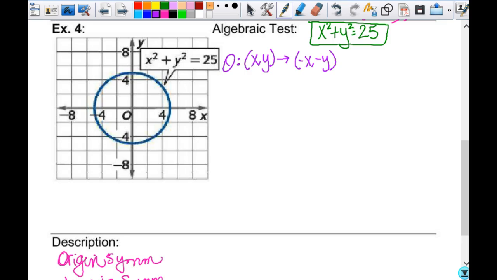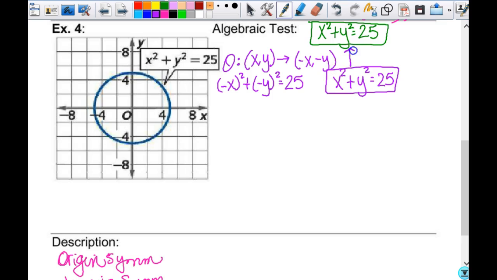So I'm going to replace both of them. That's going to give me negative x squared plus negative y squared equals 25. So negative x squared is x squared, plus negative y squared is y squared, equal to 25. Does that match this one? Sure does. So we're good.